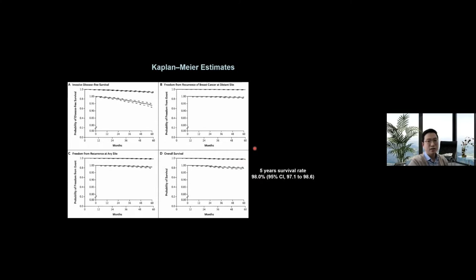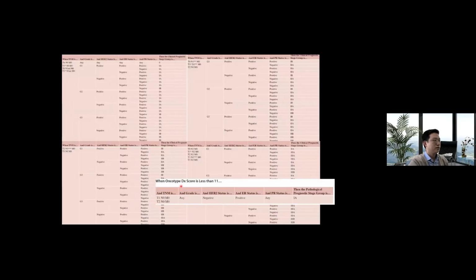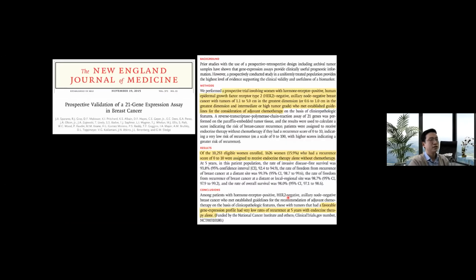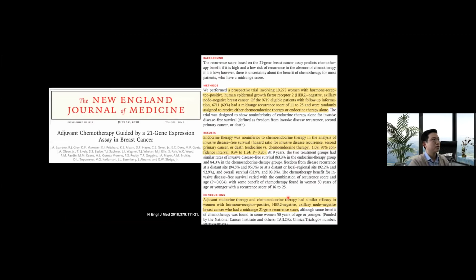So this study is the basis of the decision in this AJCC guideline. If the score is less than 11, then the patient is downstaged, and will not receive the cytotoxic chemotherapy after the surgery.